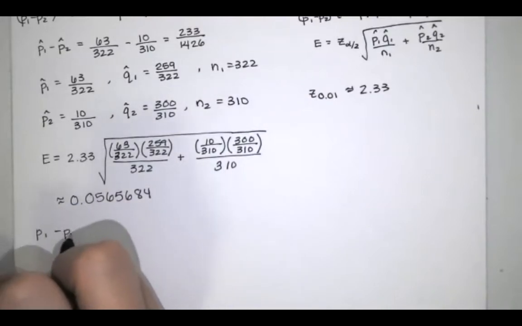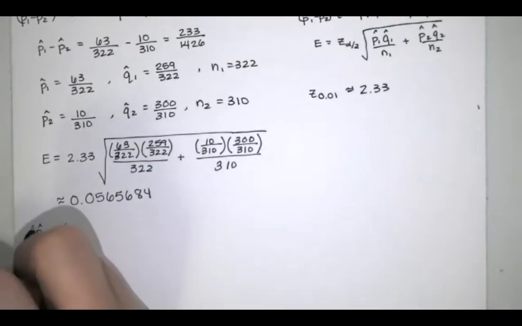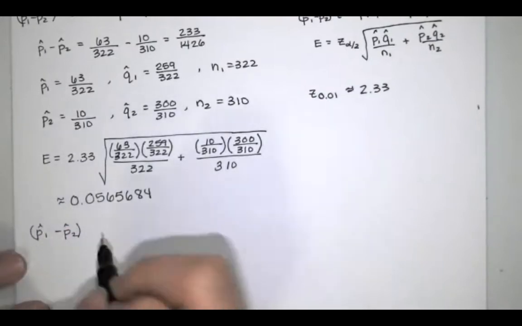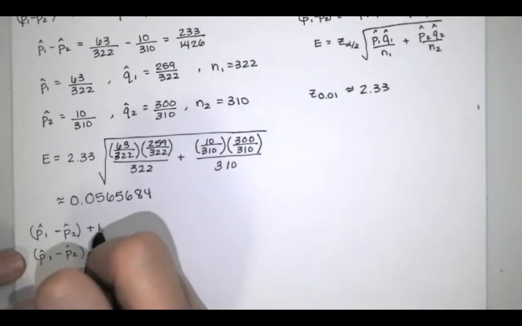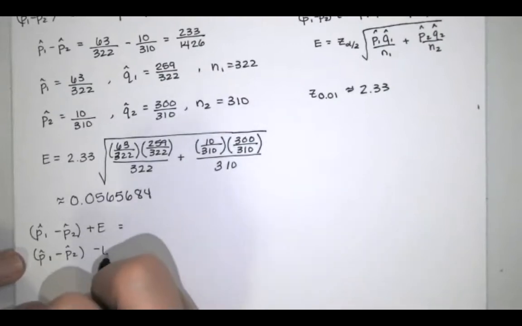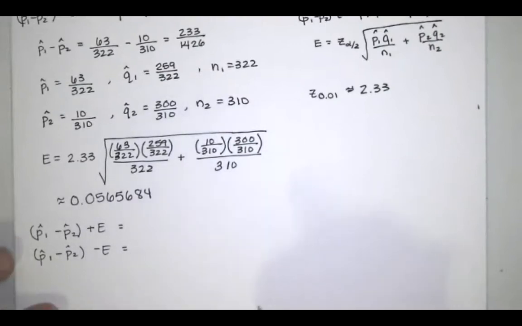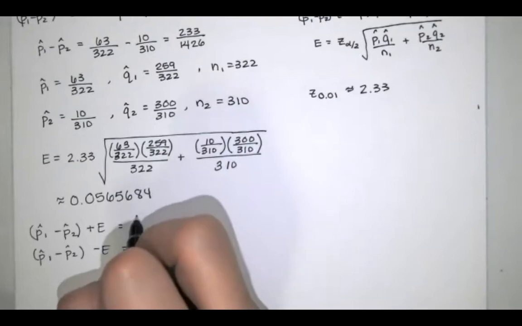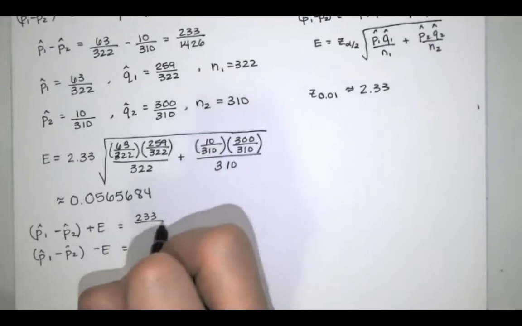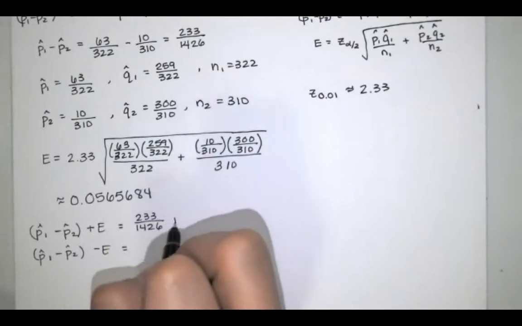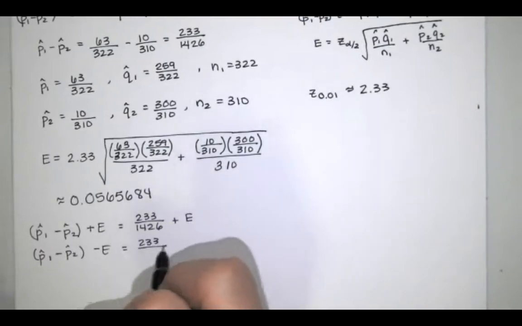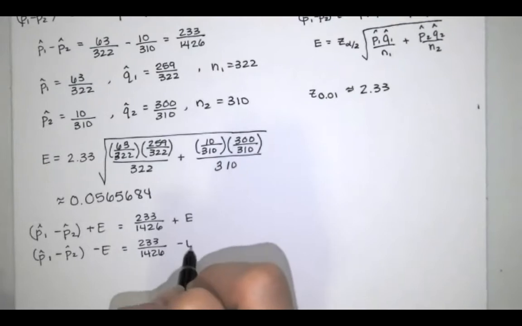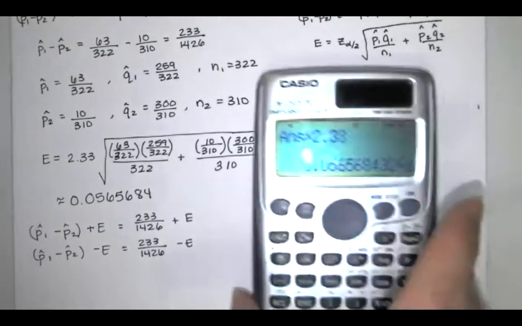And we want to find the upper and lower bounds for our confidence interval. So I want to take P1 hat minus P2 hat, and I want to add the error to get the upper limit of my confidence interval, and I want to subtract the error to get the lower limit. So we're going to have 233 over 1426 plus the error here, and then we'll have 233 over 1426 minus that margin of error there.